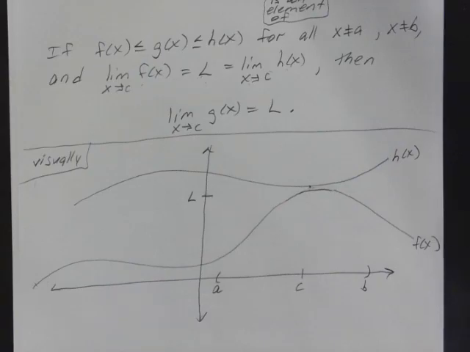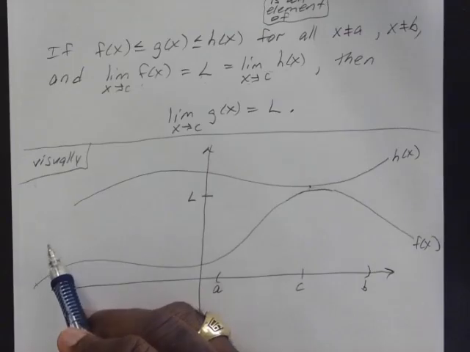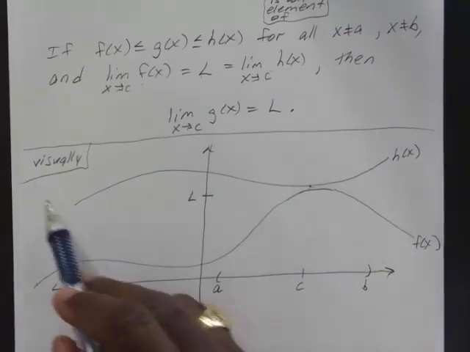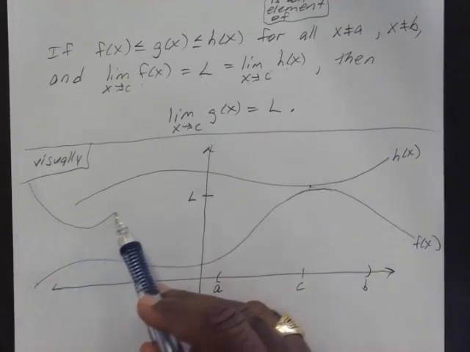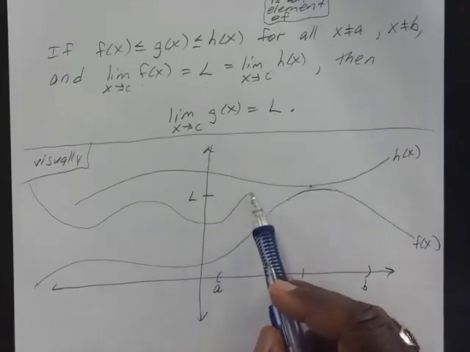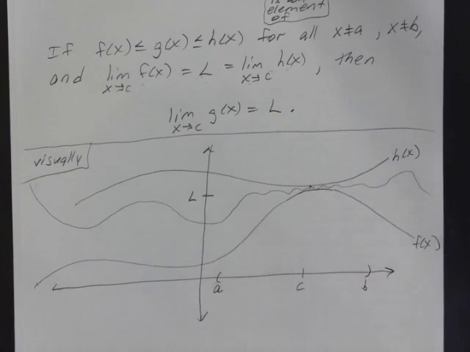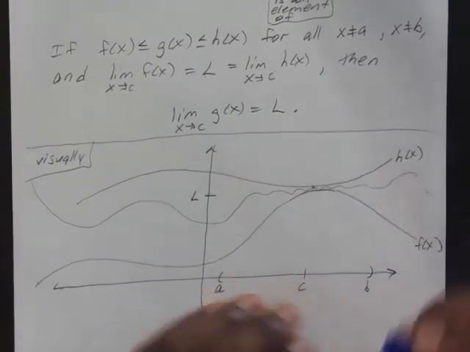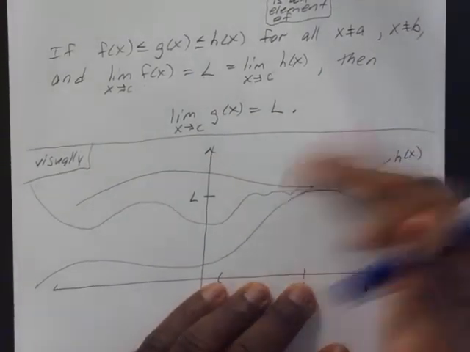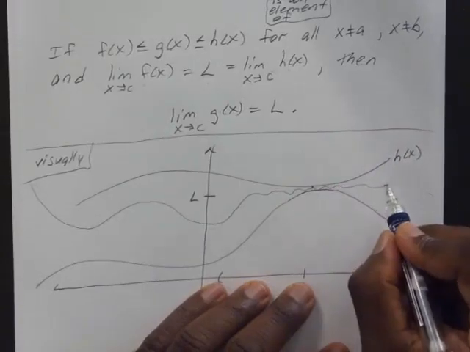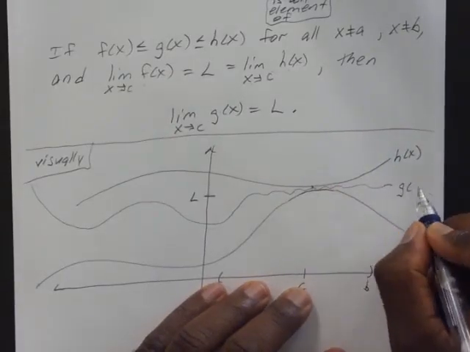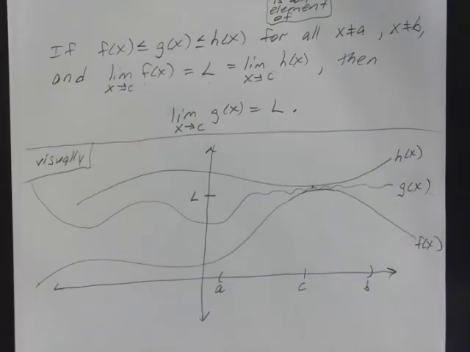So what the squeeze theorem tells us is that if we have some other function that can be anywhere outside of that interval, but inside of that interval, let's make that a little shorter so I can actually write what function that is. We'll say this is our function g of x.